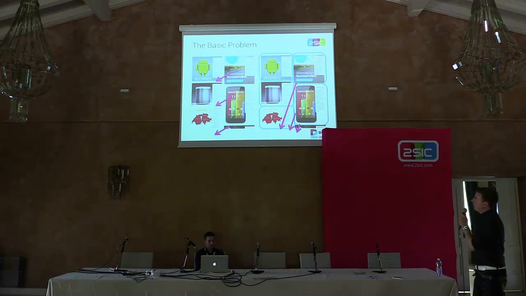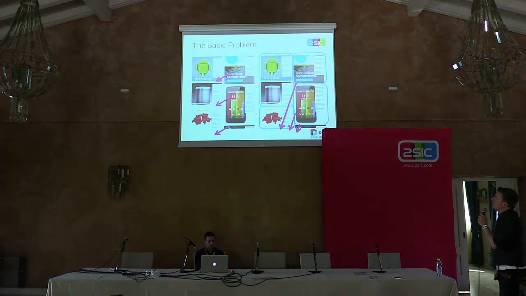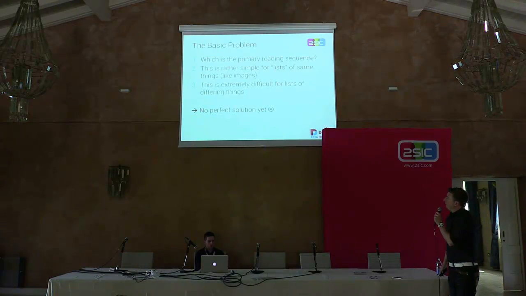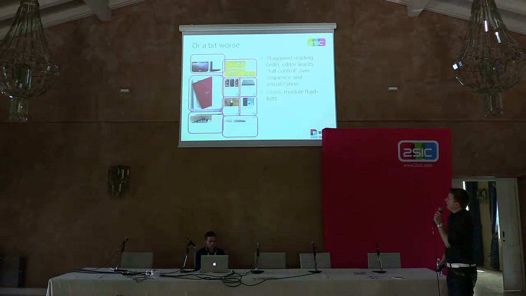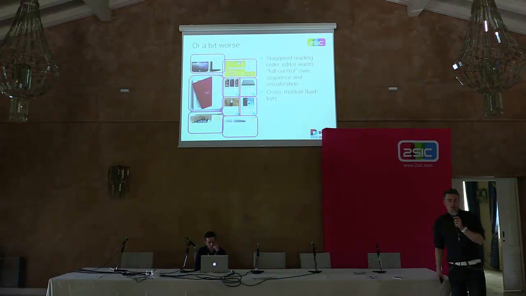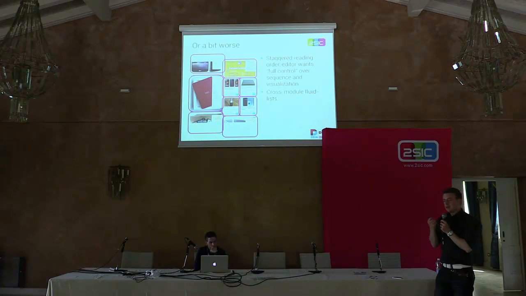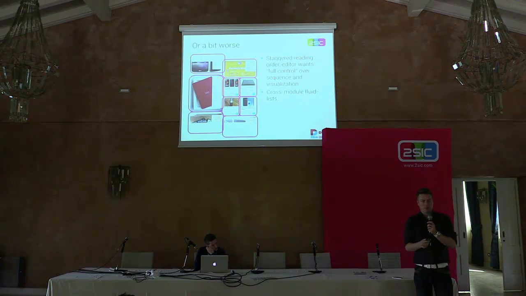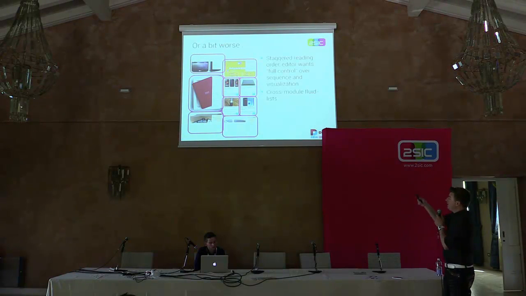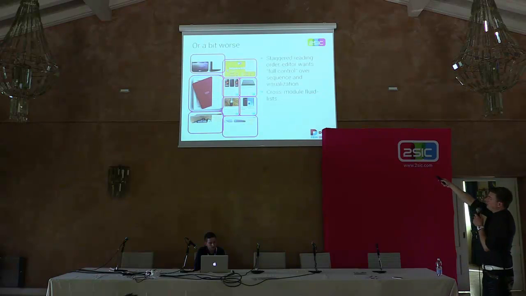Here's a scenario where it's still obvious that it could work, but actually you have much more difficult situations like this. Because the primary question is, what is the reading sequence for the user? Is it left to right, left to right, left to right, or is it down and down? And in this situation, it gets a little trickier because it's not quite obvious which way the user should be reading.